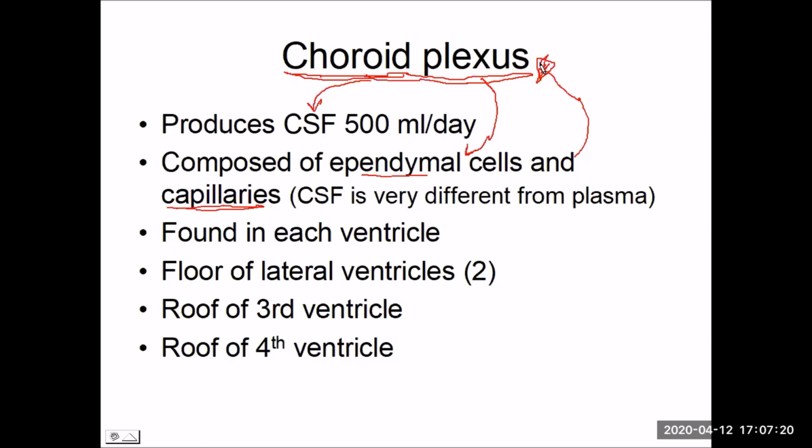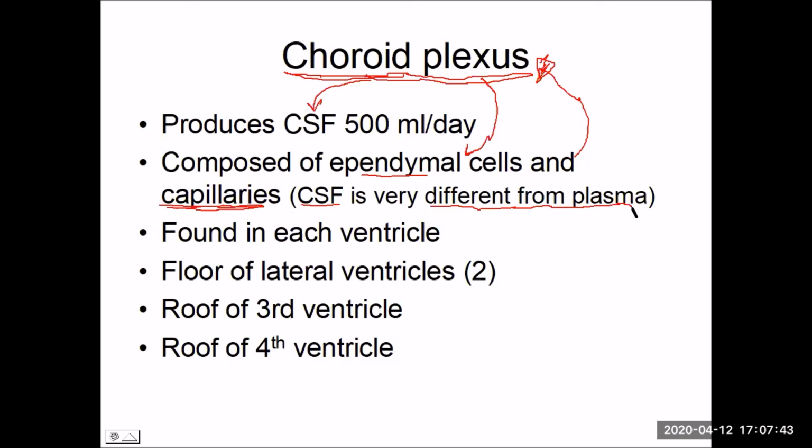Since we have the filtration of our cardiovascular system's plasma, it's filtered first through the ependymal cells, and that filtering of the plasma accounts for the differences between cerebrospinal fluid versus the plasma from our general circulation.